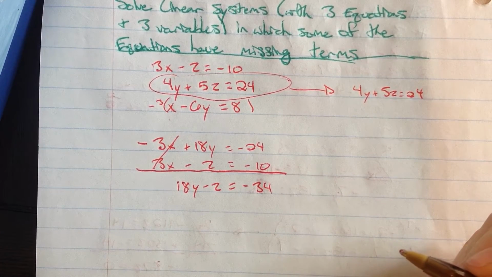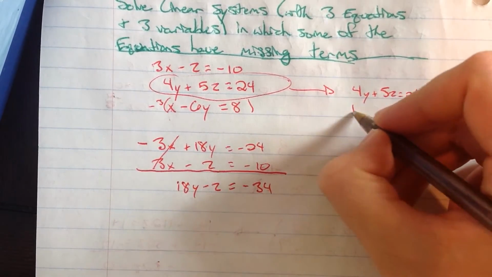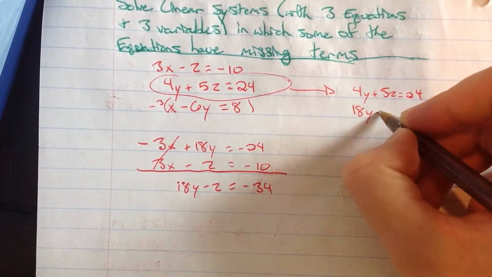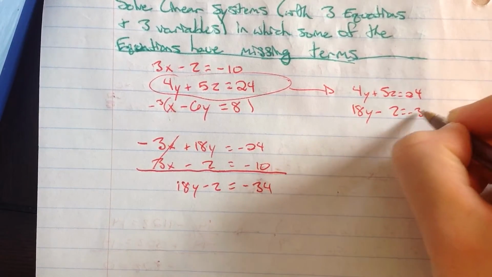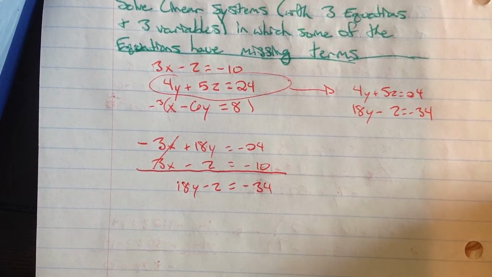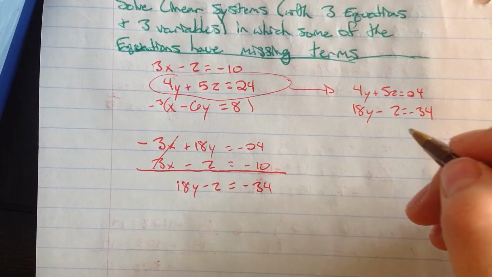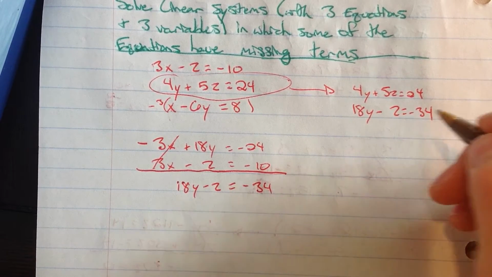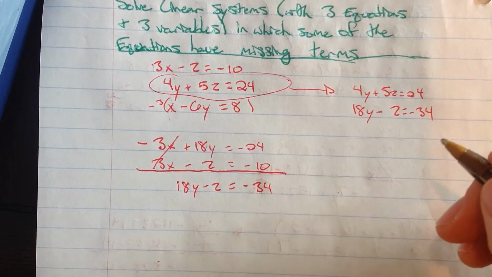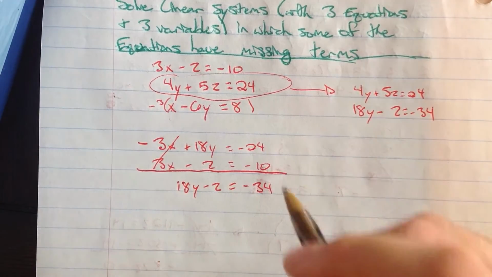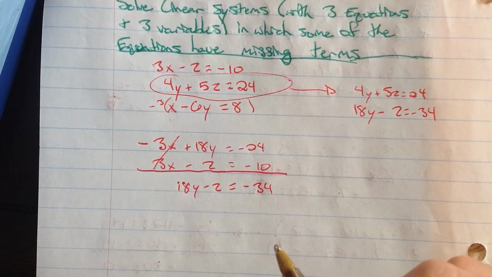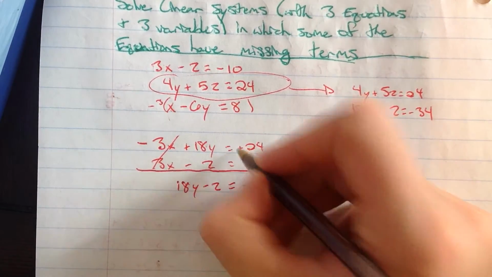So now we have these two equations. So I'm going to write these next to each other. Notice that if we multiply this equation, this should have been a positive 24.